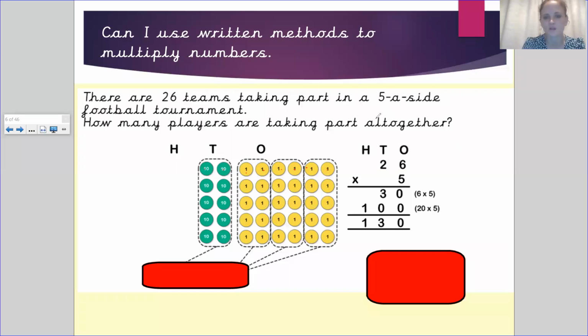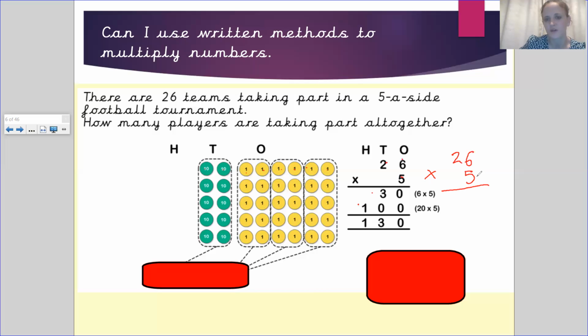So I can work out 26 times by 5. If we're using this method here, we say 26 times by 5. 6 times by 5 will give me 30. 5 times by 20 or 20 times by 5 will give me 100, and I will add these together. So again, I'm going to show you while I write 26 times by 5.